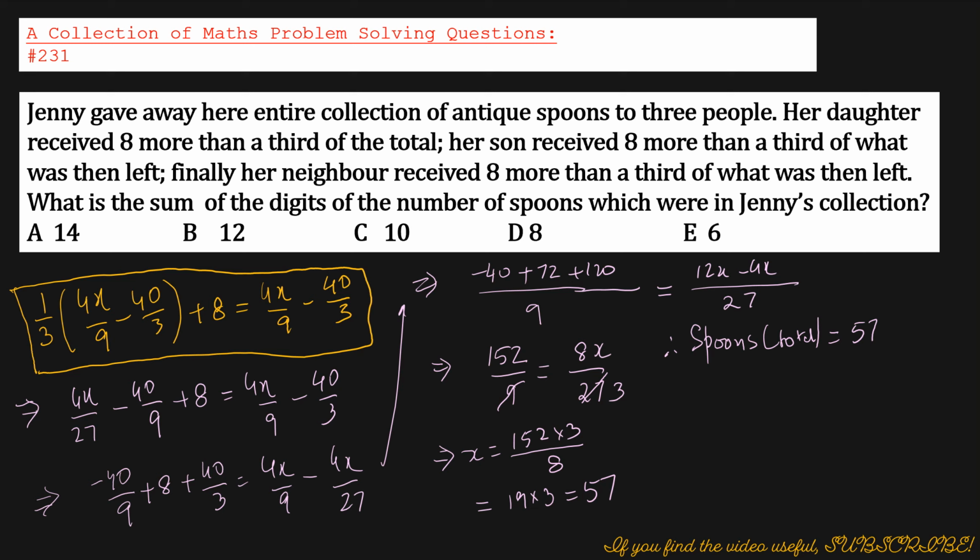So that is 57, the number of spoons. They are now asking us, what is the sum of the digits of the number of spoons? So the sum of digits, 5 plus 7, that is 12, and hence our answer is B.